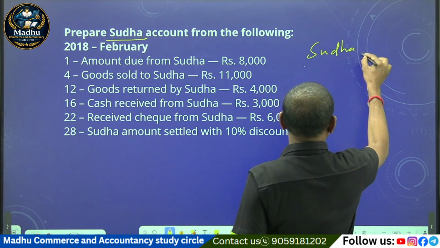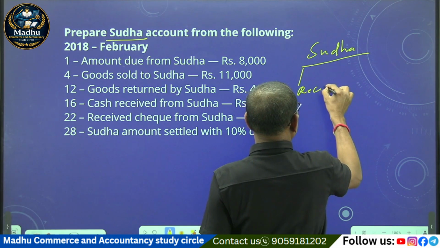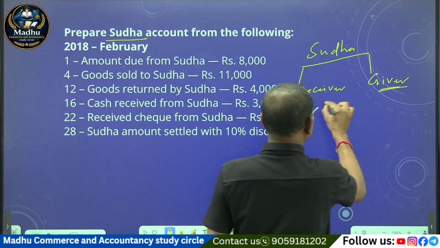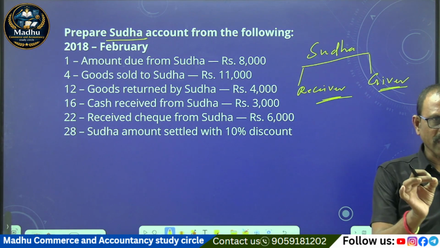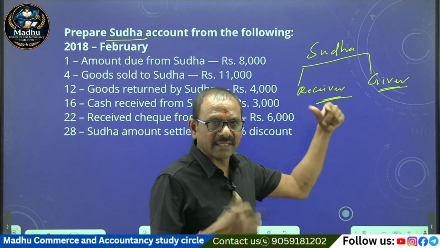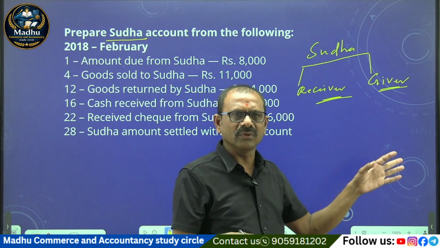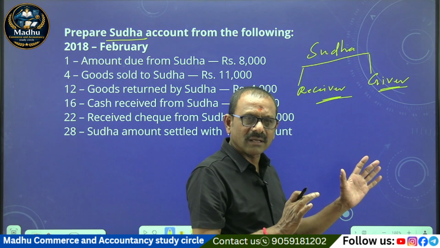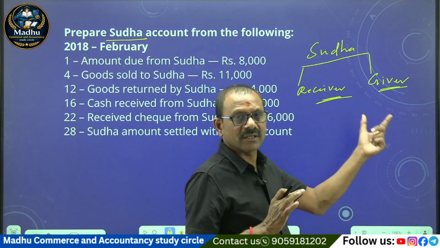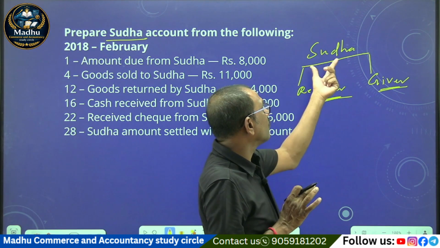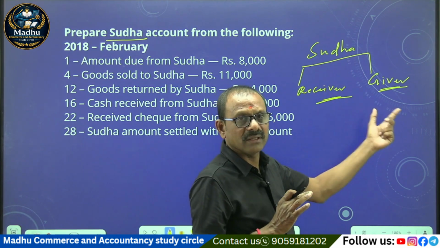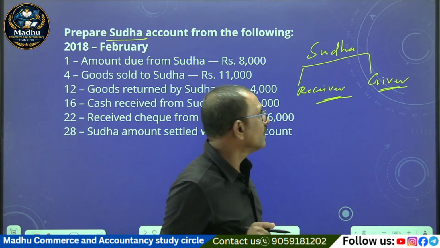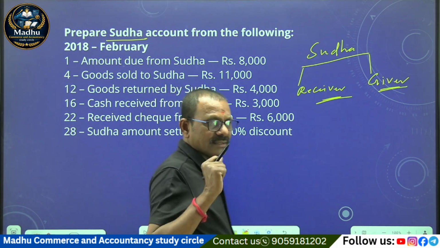Instead of Sudha, any other name like Ramesh, Suresh, Sita, Geeta, Ramu or Rita may be given. So Sudha is a person and she is the receiver or giver: what Sudha is receiving, what Sudha is giving. That is the simple logic.